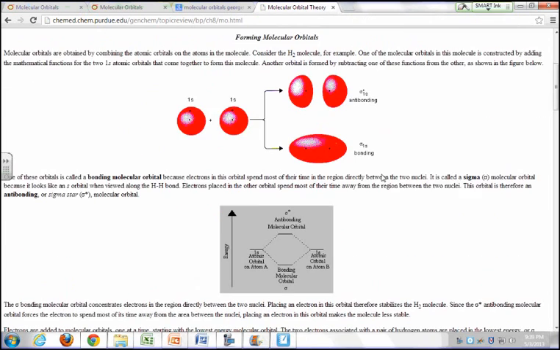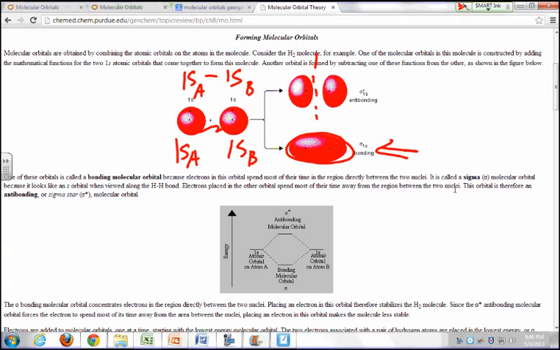Here it shows you how you can construct a bonding orbital from two 1s orbitals. If you have a 1s orbital on one atom and a 1s orbital from the other atom, let's call those atoms A and B, you get a sigma bonding orbital, sigma 1s. If you do 1s from atom A minus 1s from atom B, then right here in between the nuclei you'll see destructive interference, so you get a node between them.